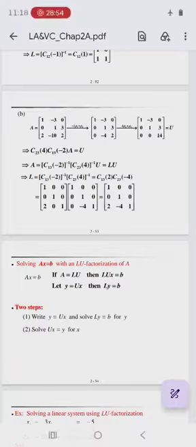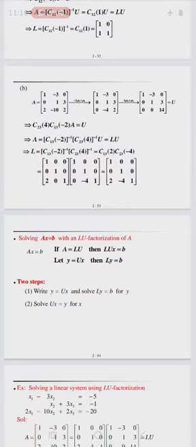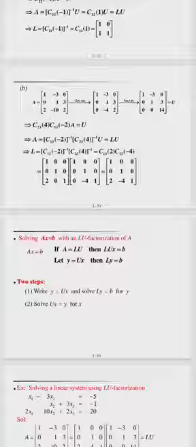Then L equal to C13 of -2 the whole inverse, C23 of 4 the whole inverse, equal to C13 of 2 into C23 of -4. C13 of 2 is 1 0 0, 0 1 0, 2 0 1, and C23 of -4 is 1 0 0, 0 1 0, 0 -4 1.